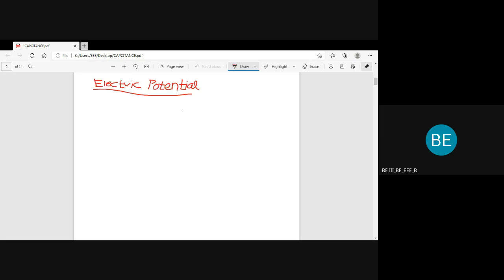I am saying electric potential because that will be the major thing when we consider capacitance.